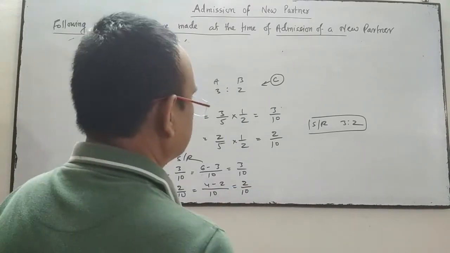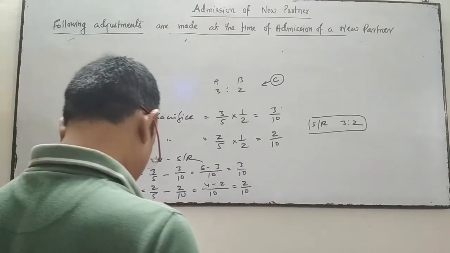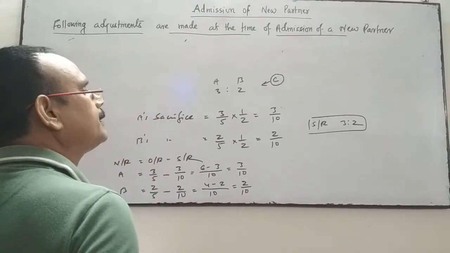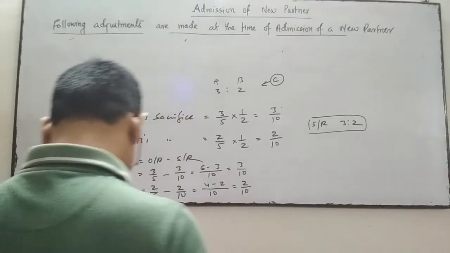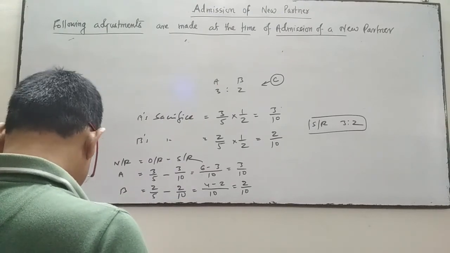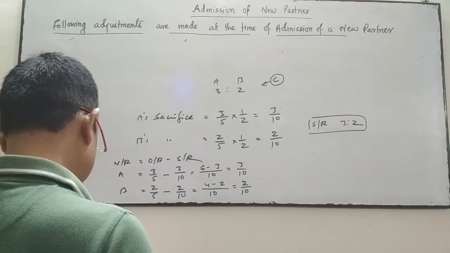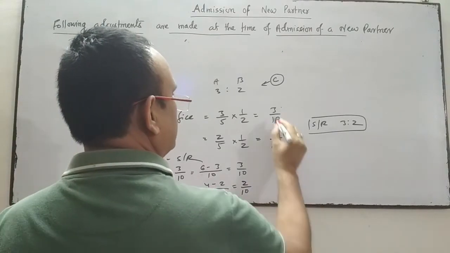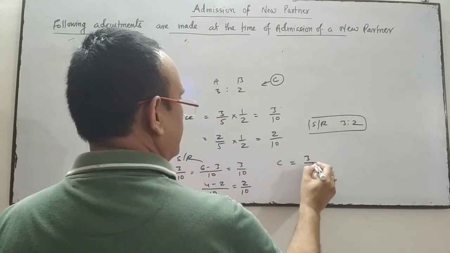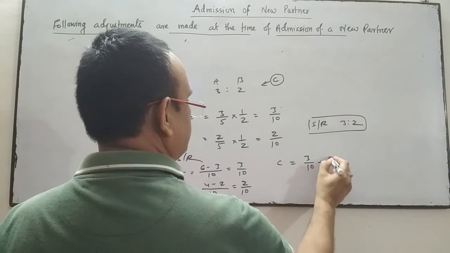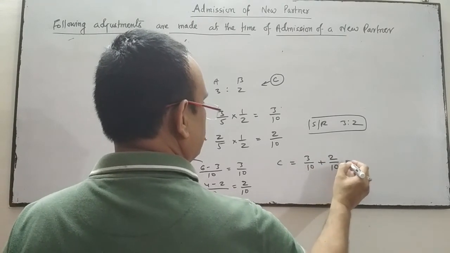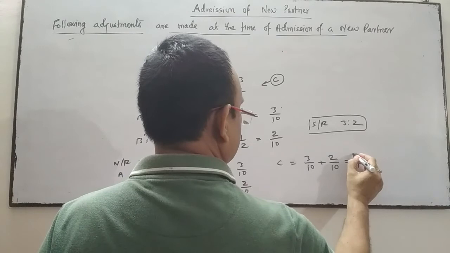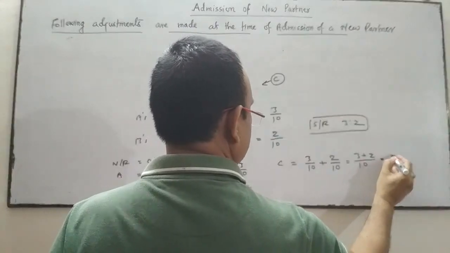And the new partner's share will be the sacrifice made by A plus the sacrifice made by B. So it is 3 plus 2, 5/10.